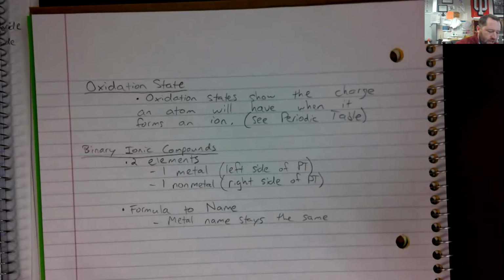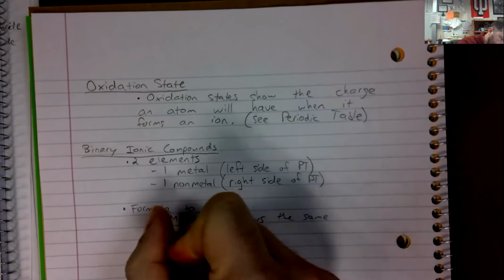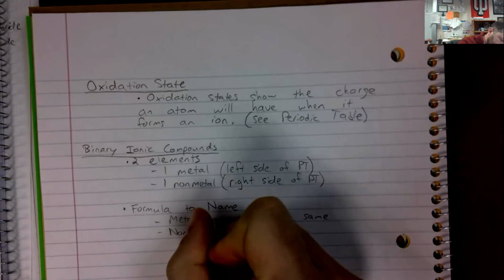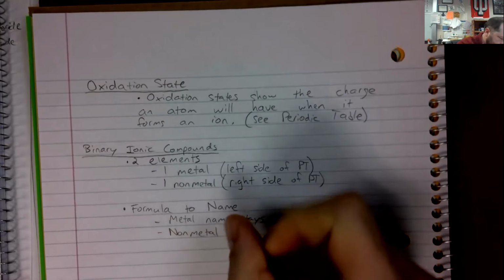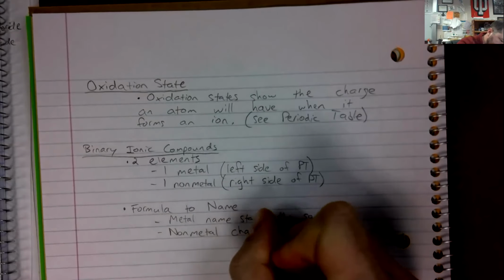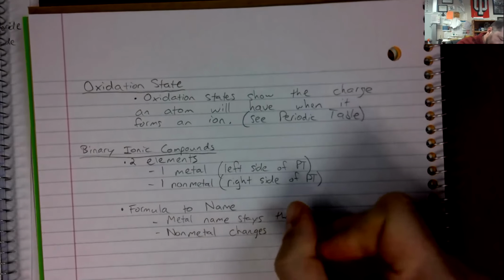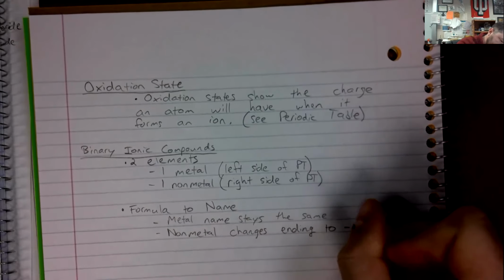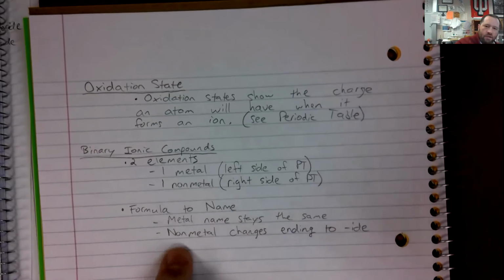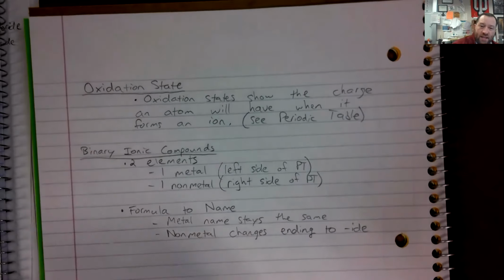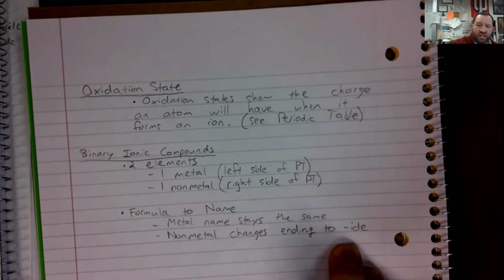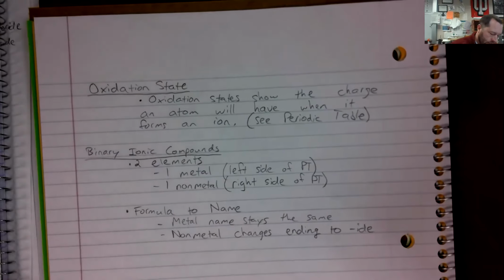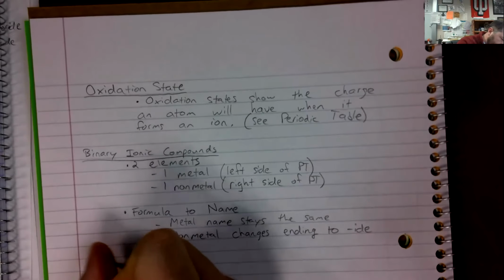So we start by just naming the metal, no change. And as we mentioned before with our ions, the nonmetal changes its ending to IDE. Take a look at a couple of examples.